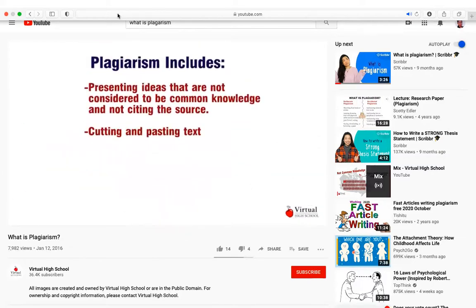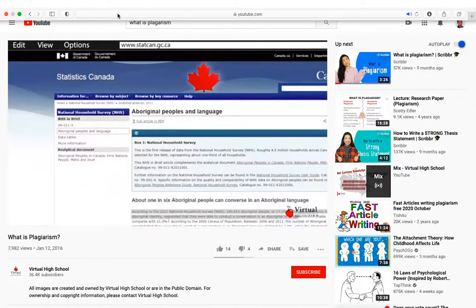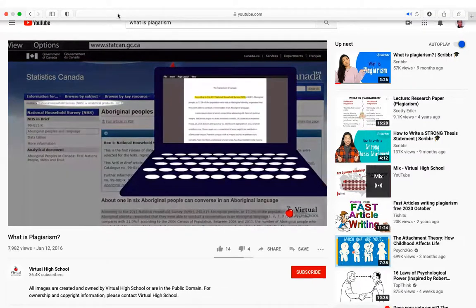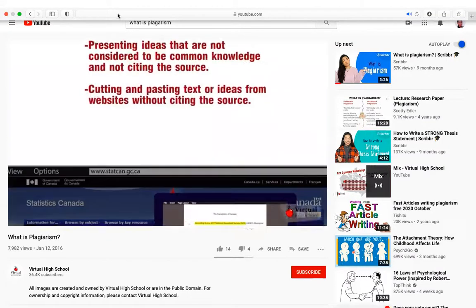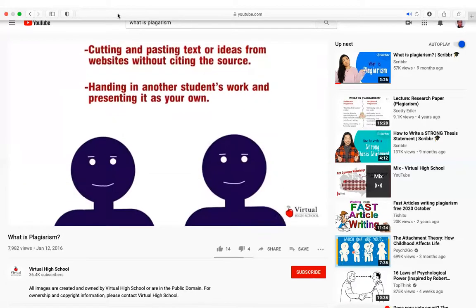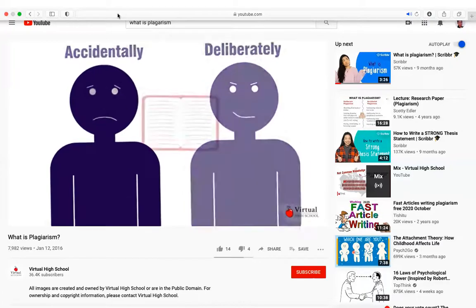Cutting and pasting text or ideas from websites without citing the source, whether this occurs during assessments or on the final exam. If you use ideas or words from a website or print text, you must provide references to show where the original ideas came from. Handing in another student's work and presenting it as your own. Using another person's words or ideas, accidentally or deliberately, without giving that author credit through referencing is plagiarism.